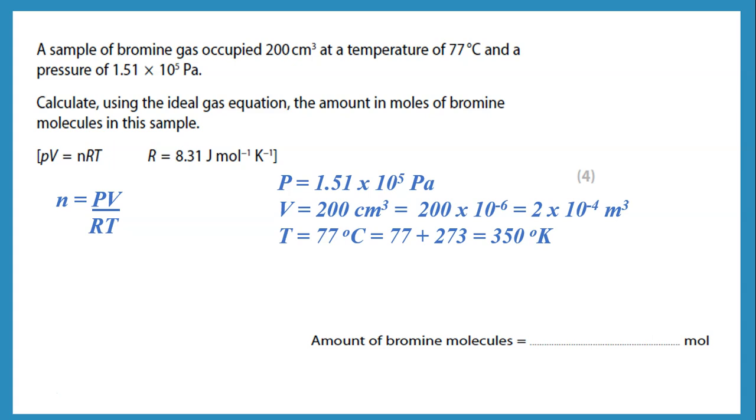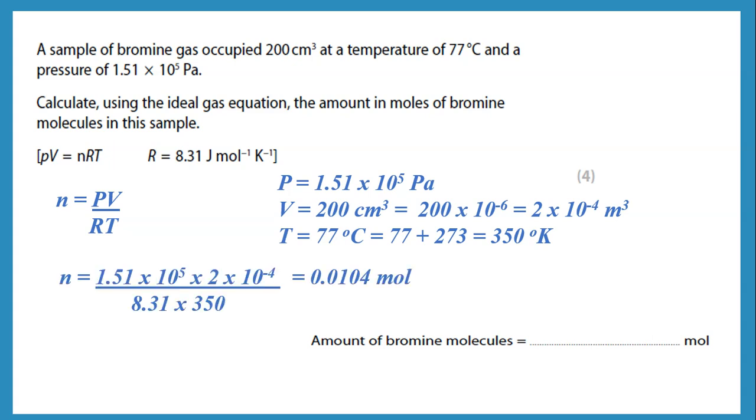The temperature is given in degrees Celsius. We never use a temperature in any of these equations in degrees Celsius. We add 273 to change it to Kelvin. Then we can put the numbers into the equation. So the pressure is 1.51 times 10 to the 5 Pascal.